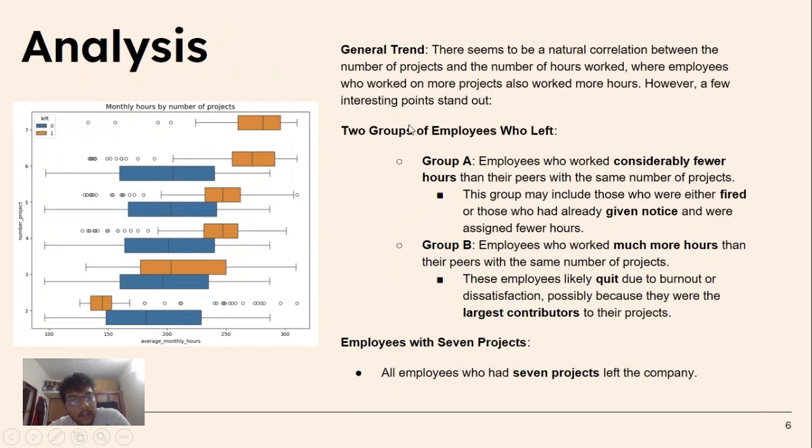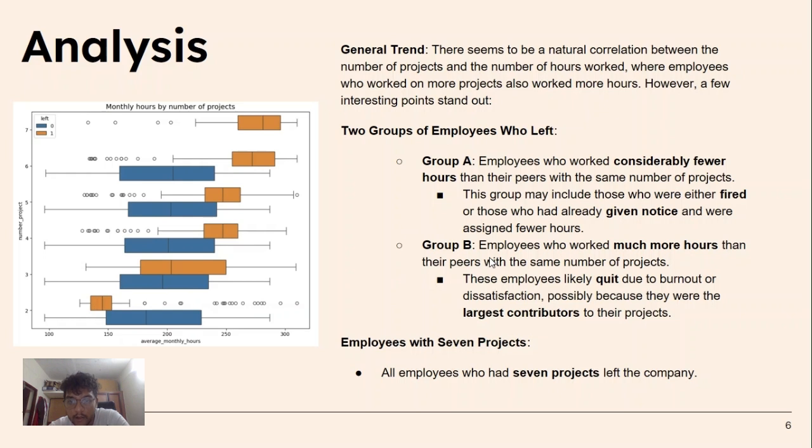One thing that we have noticed is there are two groups of people that have left the company. One we categorized as group A, employees who worked considerably fewer hours. This group might either be fired, or they are in their notice period and hence they are assigned fewer hours.